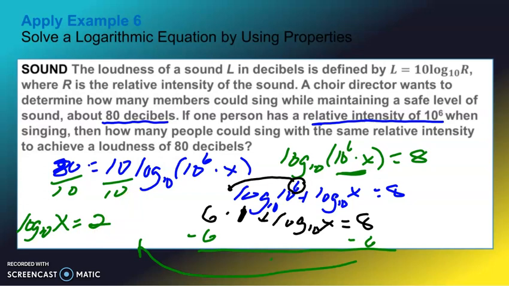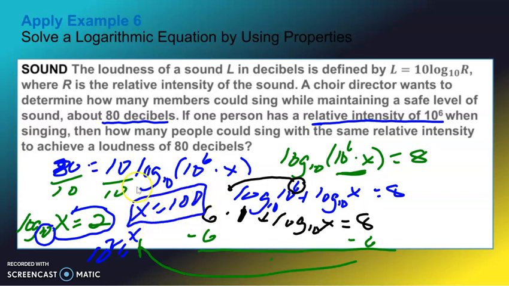And now I can rewrite this as an exponential. So 10 to the second power is equal to my X. That means X is going to equal 100. So there can be 100 members of the choir to reach a loudness of 80 decibels.